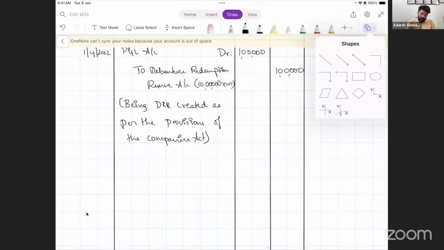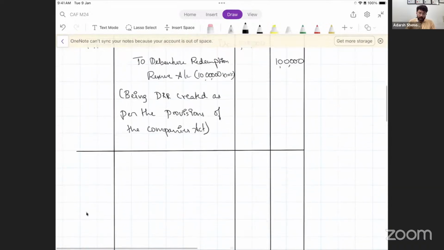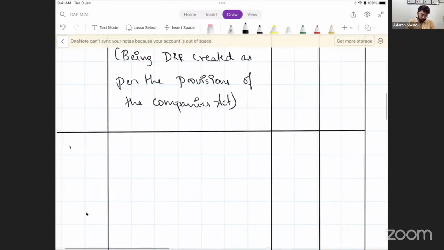So this is one thing. Next, this is not enough. We'll also have to do an investment, right? For that, another entry. How much is the investment for? The investment will be done for 15% of the debentures amount. The reserve is for 10% and the investment is for 15%.